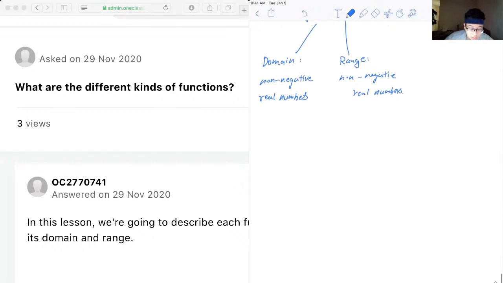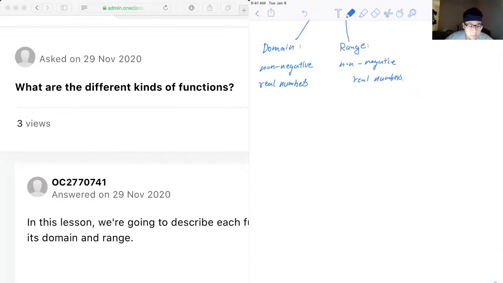Okay, and the x and y-intercept of this function will be at (0, 0), and the function is neither odd nor even.